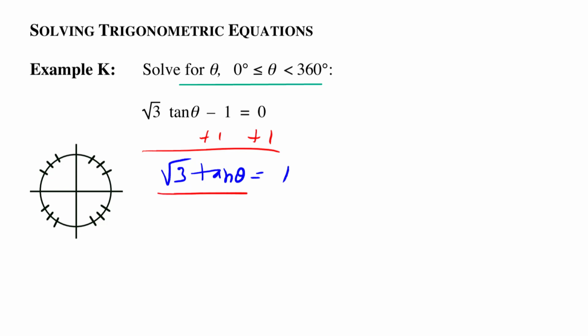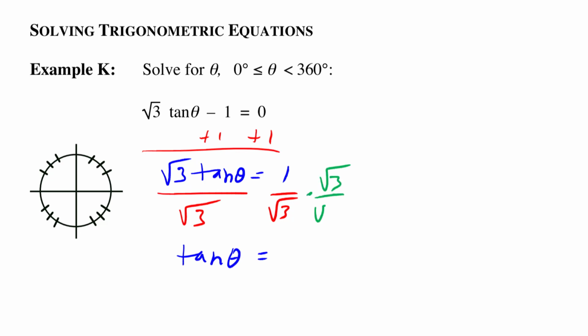Then we'll divide each side by square root of 3. This gives us tangent of theta equals, well, actually I want to rationalize that denominator. So tangent of theta is square root of 3 over 3.